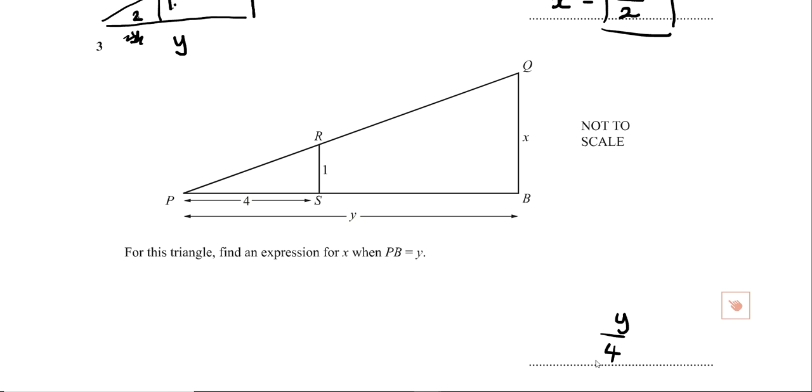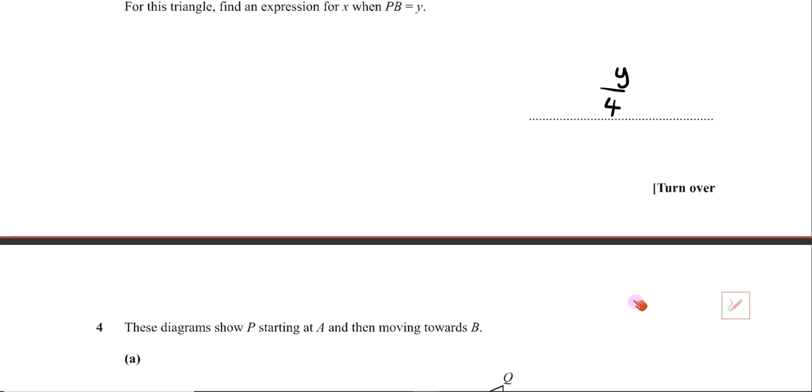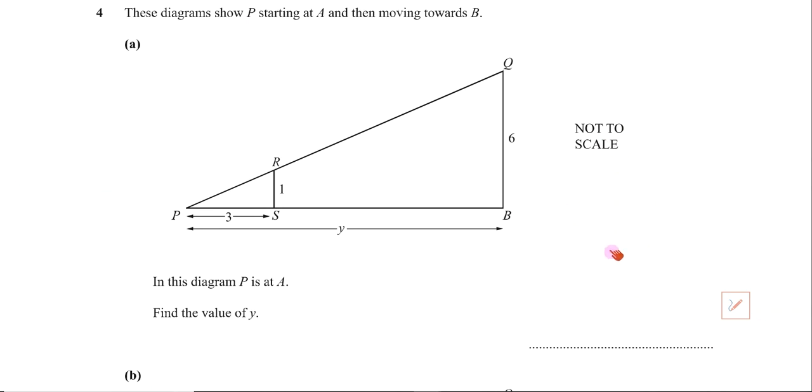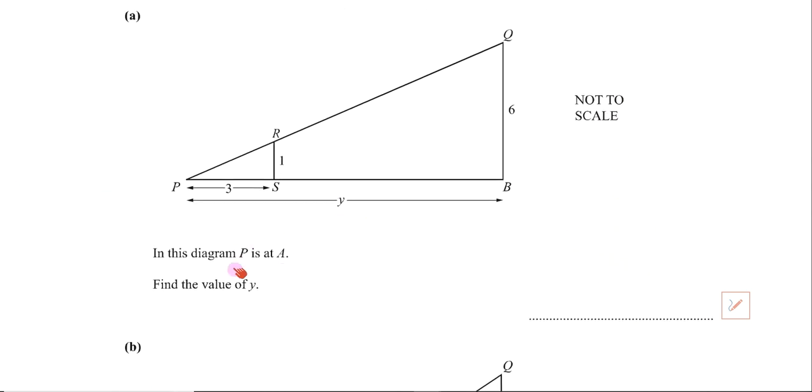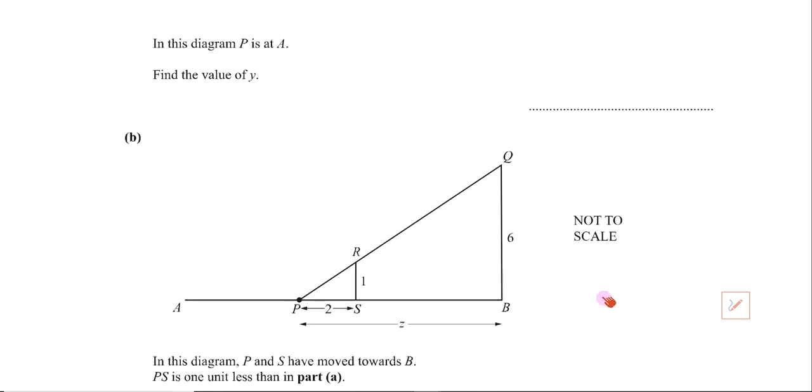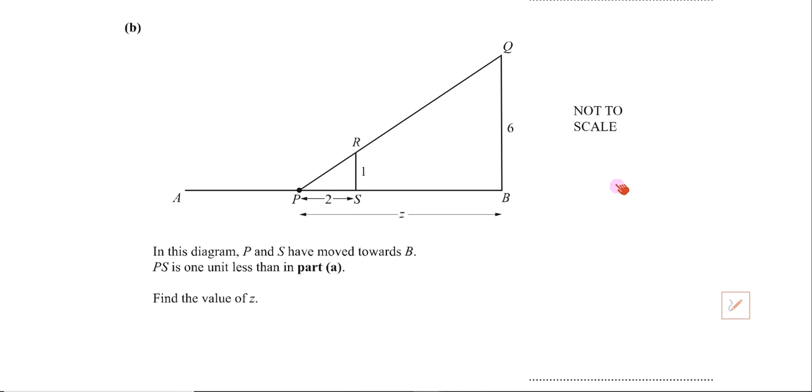Alright, does that make sense for you all? And now we start, in this diagram, at A, find the value of y. We're happy with these? Are we kind of now at a stage where you're happy with what we've been doing? Okay? Yes. Alright, so then we get to the stage where we move it.